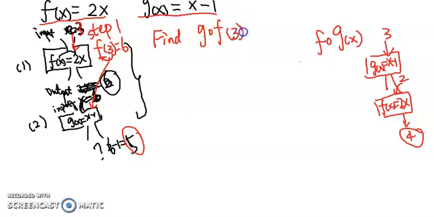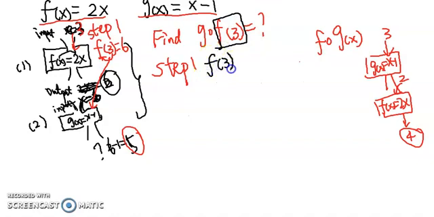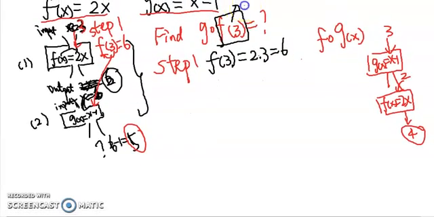So step 1, following the graph, that's our step 1, F of 3. F of 3 means we replace the X in the F function with 3. So we're going to get 2 times 3, that's equal to 6. And when you get answers, this box will become the number 6. It's going to be the result of this box will be 6.